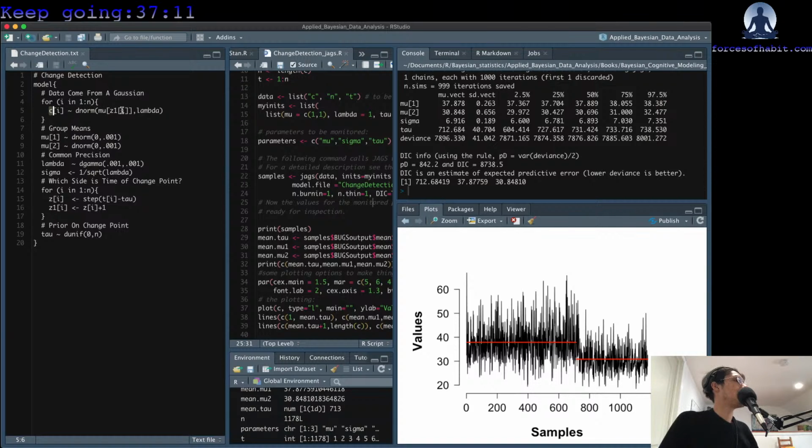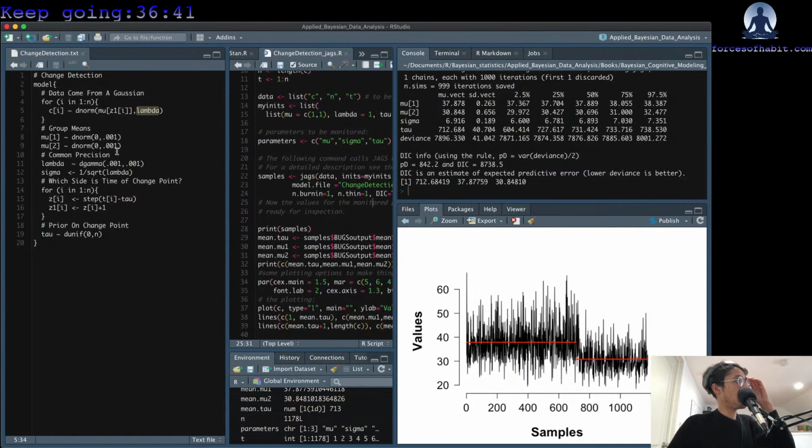The counts are distributed normally with an average equal to mu, and this is going to be equal to either mu1 or mu2, and then the same value for the precision.